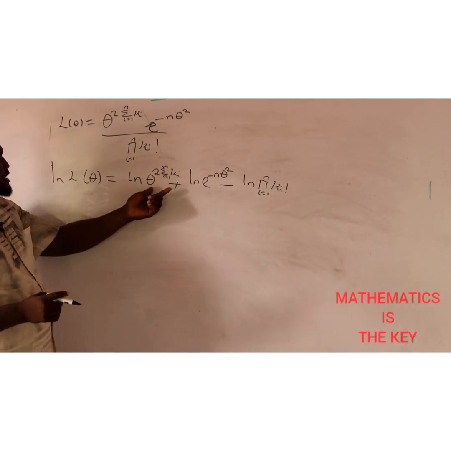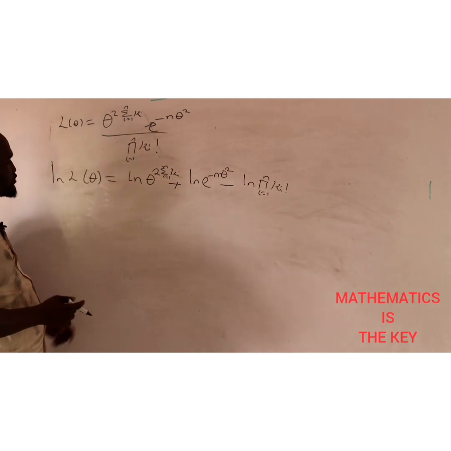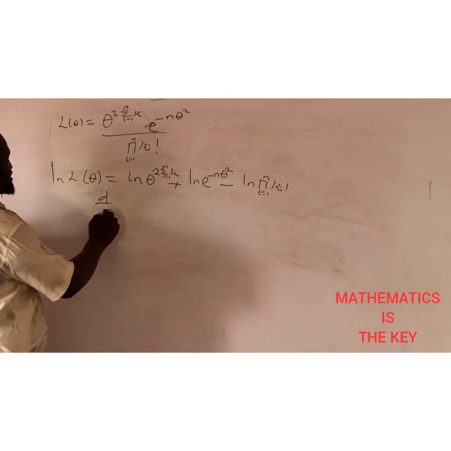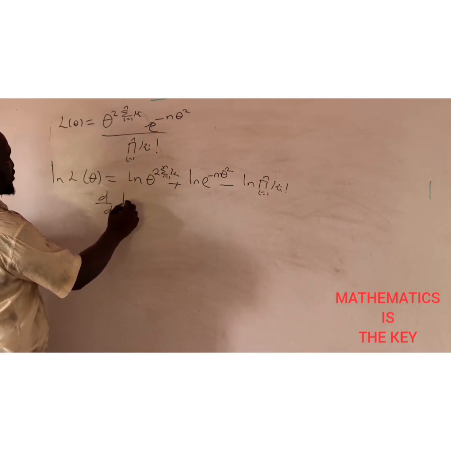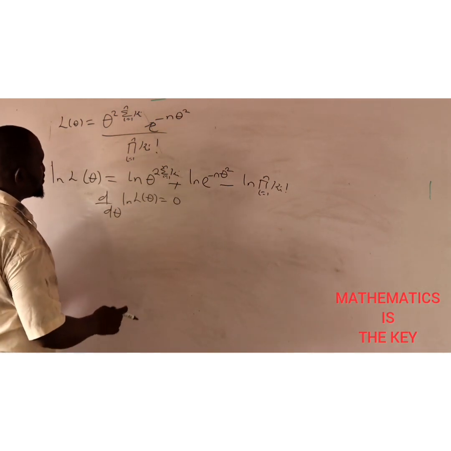To find the estimate, we will differentiate this function and equate to 0. That is, the derivative with respect to theta of ln of the likelihood of theta is equal to 0.